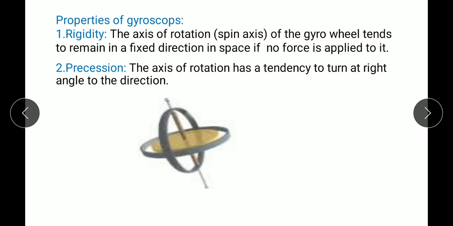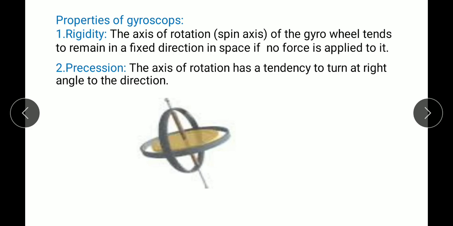Properties of the gyroscope. The first one is the rigid body. A rigid body is nothing but an ideal body. Ideal body means no force is acting on that body, so the deformation is zero. When we apply some force, the body is deformed, but here we cannot apply any force, that's why it is called an ideal body.